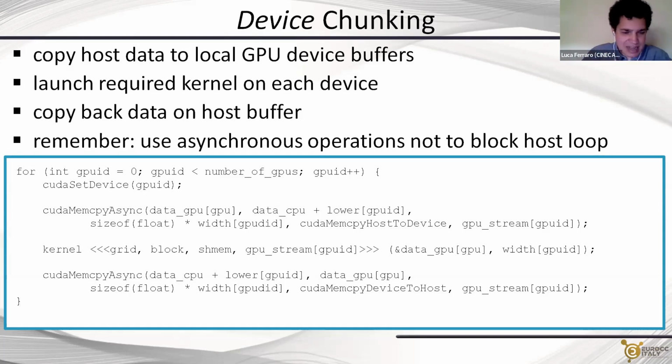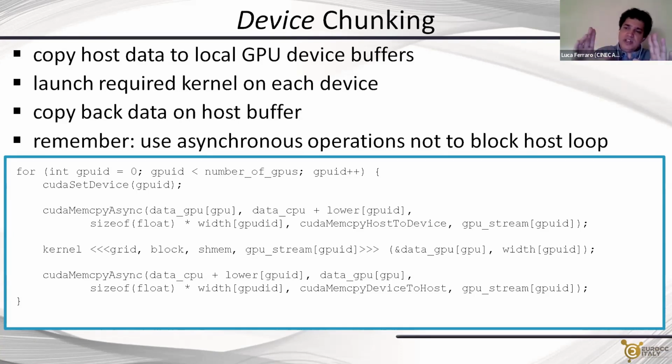For example, let's think of finite difference transformation, for example the Laplace operator, in which you update each point of your grid with the neighbor data of the midpoint.